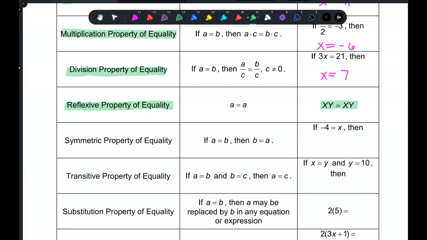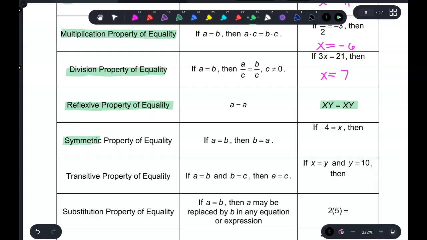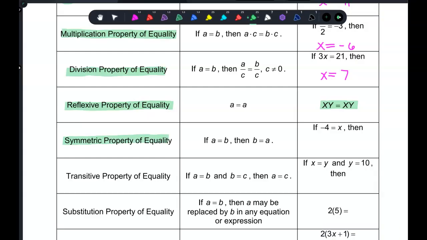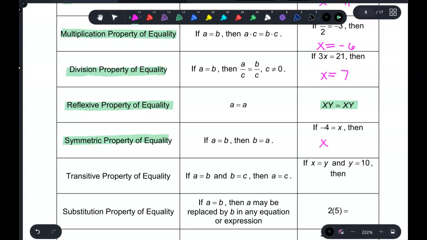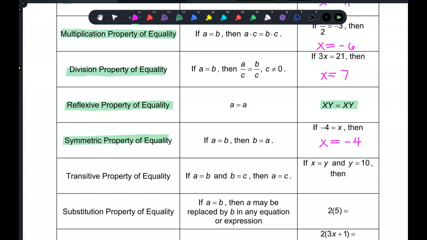So A equals A, XY equals XY, 2 equals 2. Symmetric property: if A equals B, then B equals A. Sometimes you get an equation, negative 4 equals x, so I can just switch that around to make it x equals negative 4.